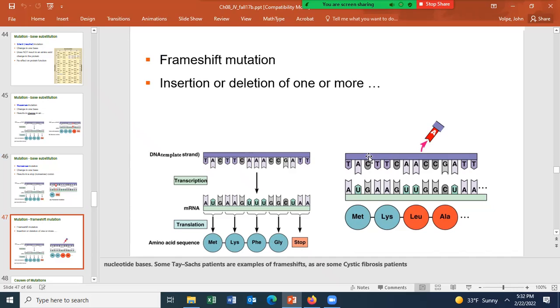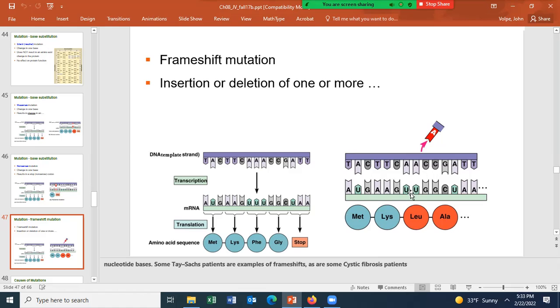All right. The next mutation we want to talk about is a frame shift mutation. That is where you insert one or more nucleotides into the DNA, or you delete one or more nucleotides from the DNA. So here we have UUU coding for the amino acid phenylalanine, and we remove one U, or one A on the other base.